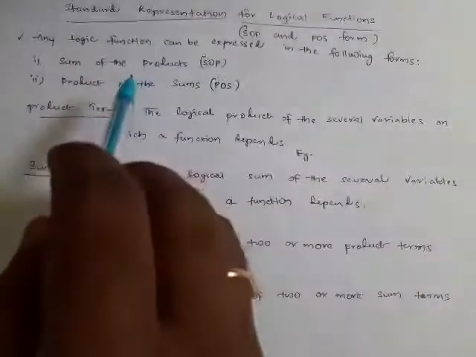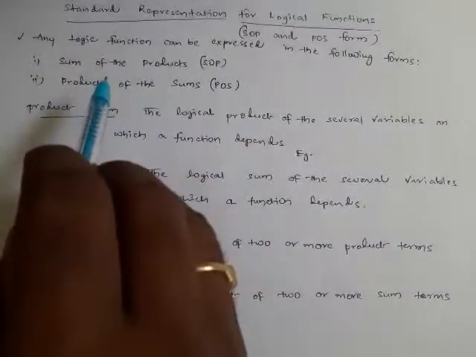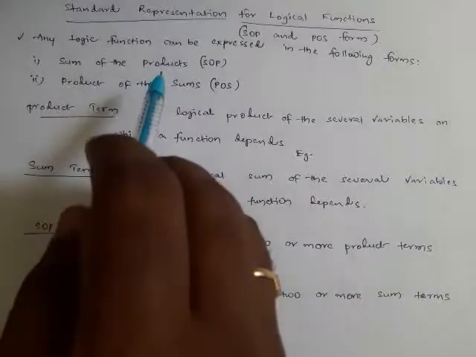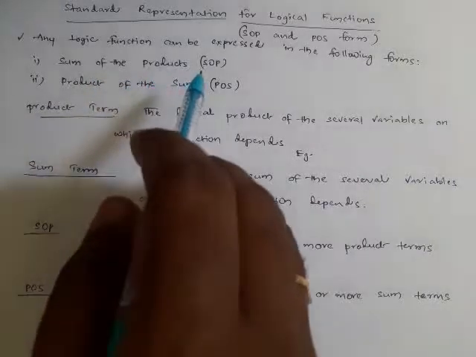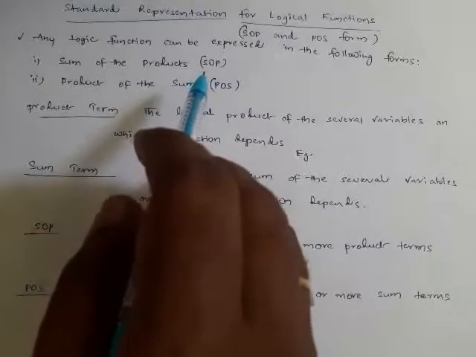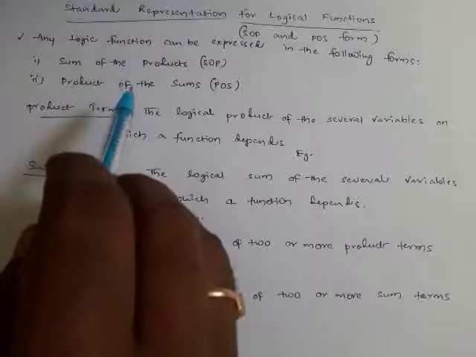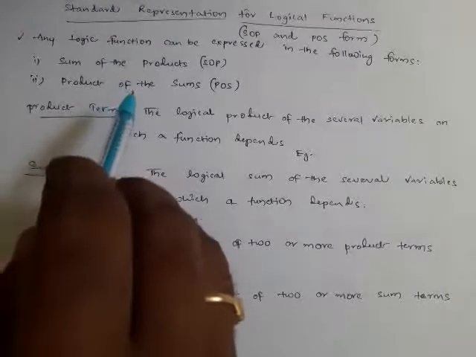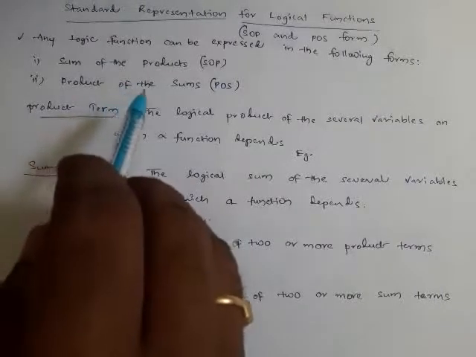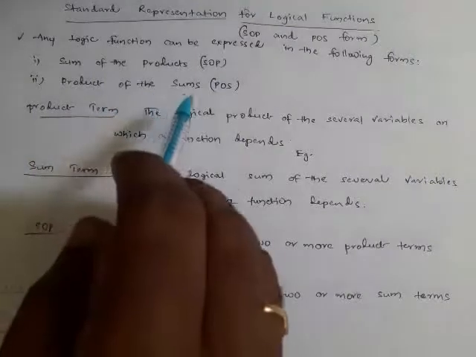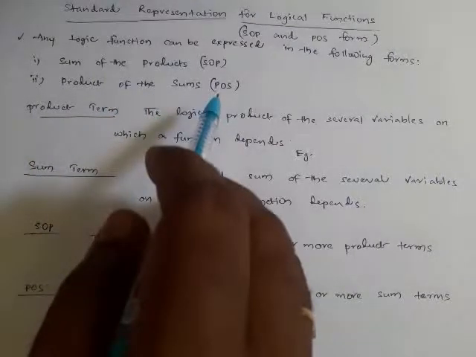and they are sum of the products form, in short called SOP form, which stands for sum of the products. And the logic function can also be expressed in the product of sums form, or in short POS form.